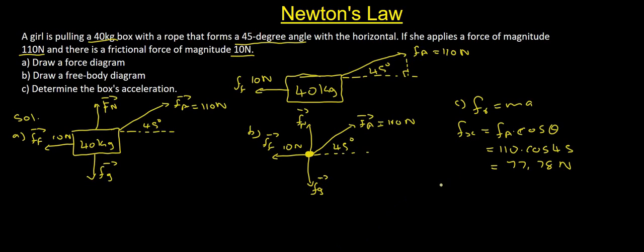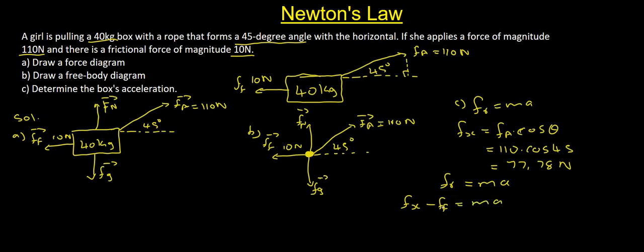Then after we got the horizontal component of our applied force, we can say now Fr equals ma. Then the resultant force is the horizontal component of the applied force minus the frictional force, which will be equal to ma.